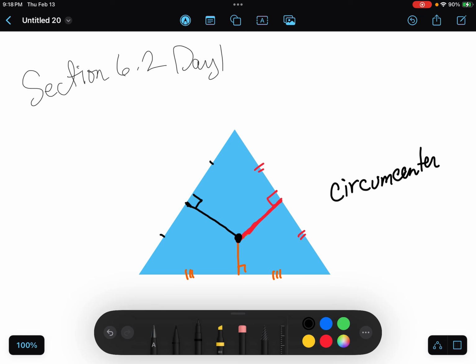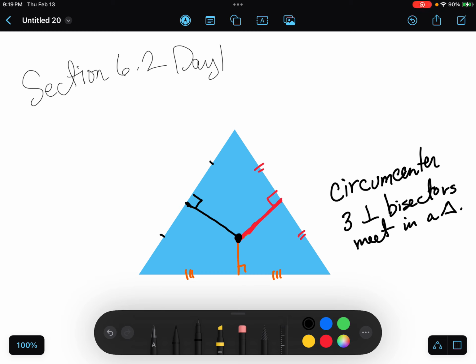Okay, so the circumcenter is where 3 perpendicular bisectors meet in a triangle.